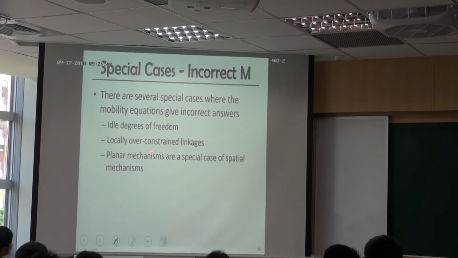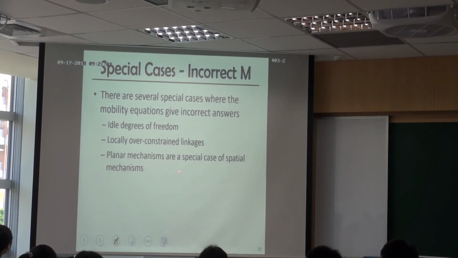I'll show you an example. If you consider a mechanism as a planar mechanism, you will get a different result than by considering it as a spatial mechanism. Anyway, we'll see that in the following slides.